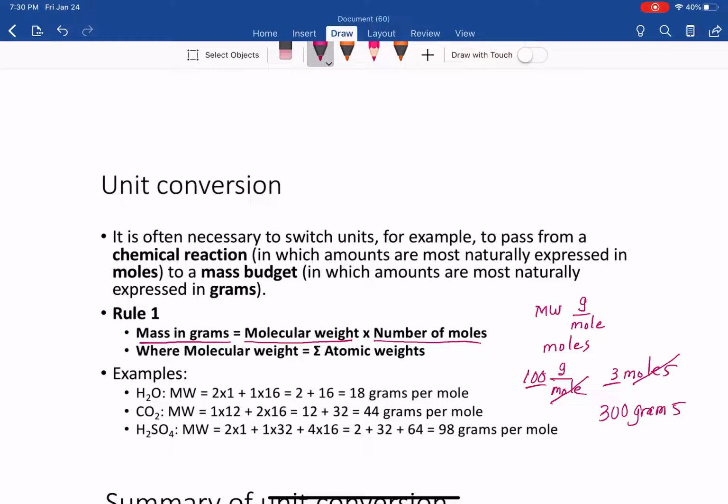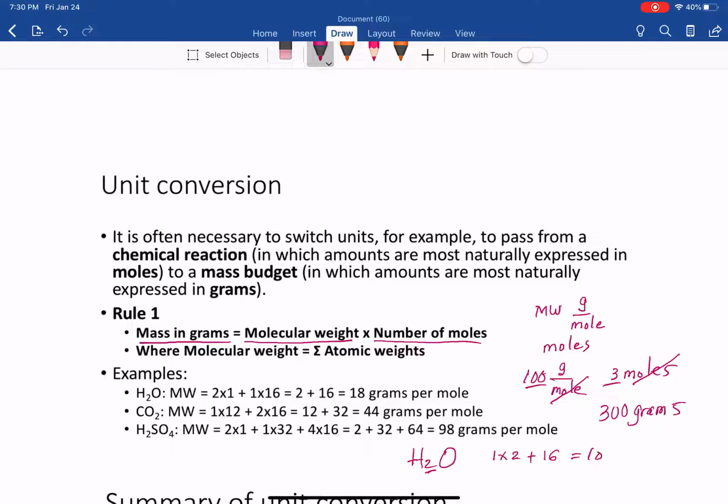And also, we should notice how to find the molecular weight of H2O, for example. Hydrogen has a molecular weight of 1. If you go to the periodic table, you can see H is 1. So 1 times 2, you remember that there are 2 hydrogens, plus oxygen is 16.